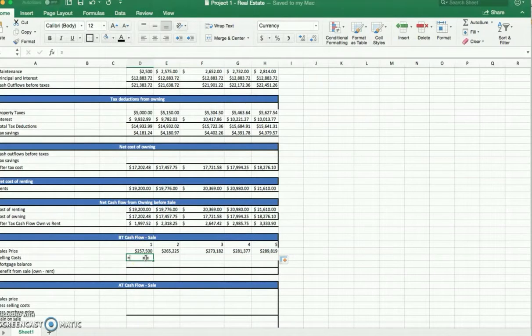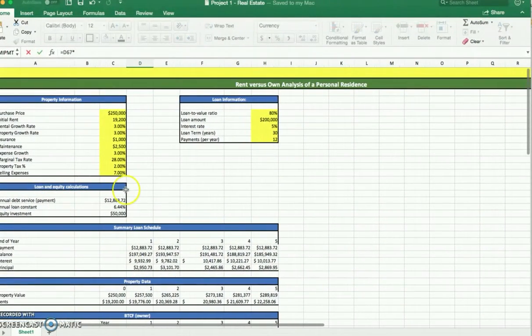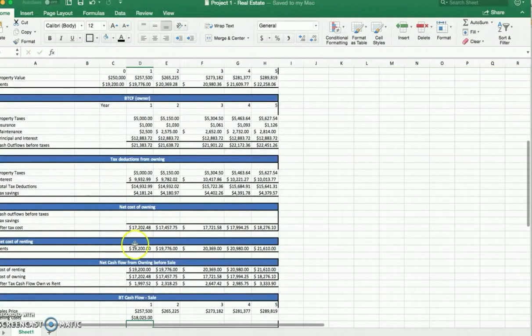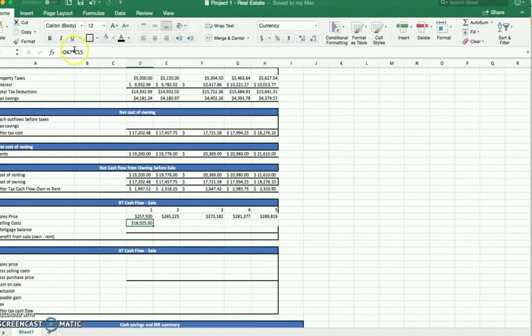And then the selling cost is going to be this number times the selling expense. And then if you lock this in, you'll be able to drag this one across.